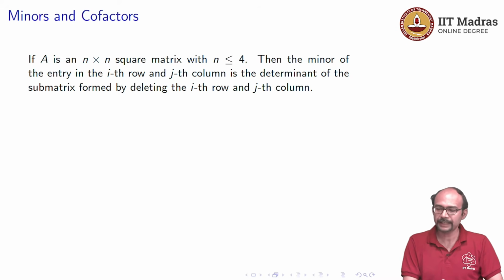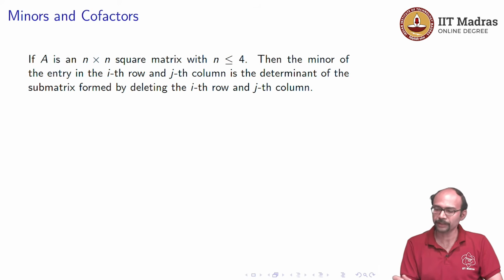Then the minor of the entry in the ith row and jth column is the determinant of the sub matrix formed by deleting the ith row and the jth column. Okay. So, we have been doing this process in computing the determinant, right. To compute the determinant of the 3 by 3 matrix, for the first expression in the determinant, we take A11 times determinant of the 2 by 2 matrix, which is obtained by deleting the first row and first column.